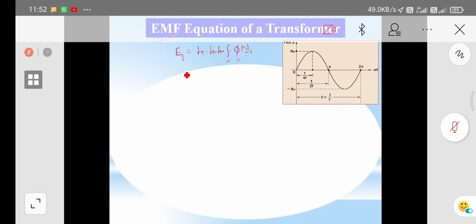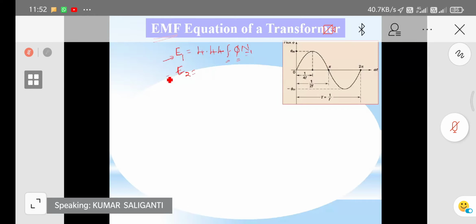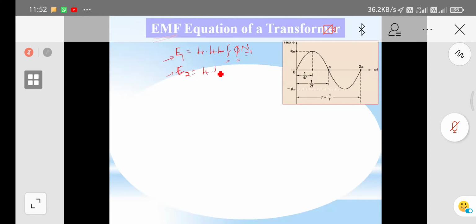Similarly for the secondary side, E2 is equal to 4.44 f phi N2. So these are the two induced EMFs.